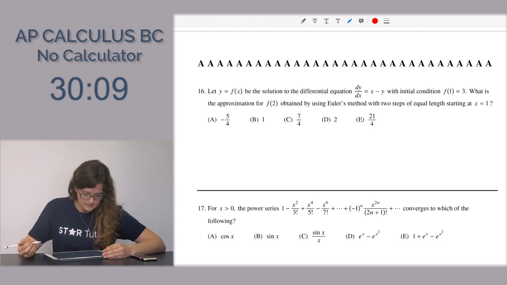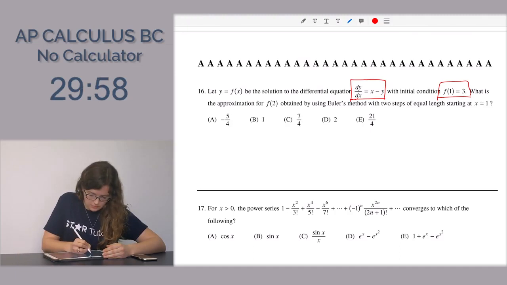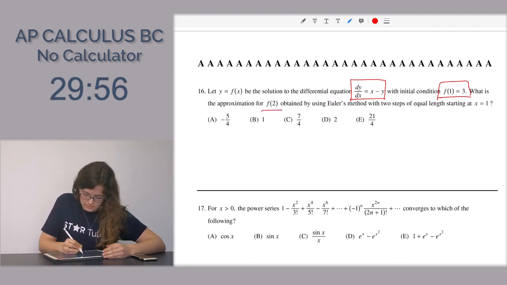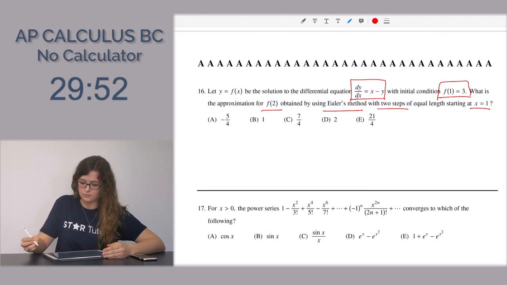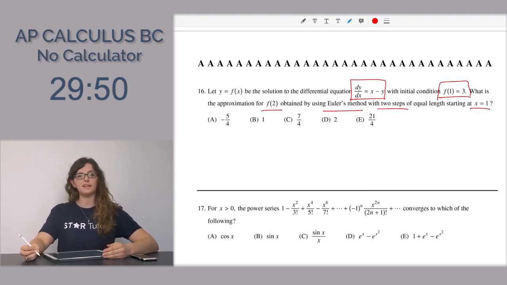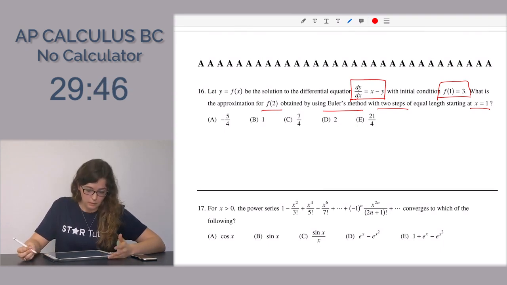I'm going to not do all the problems that take a really long time. 16: y equals f of x is the solution to the differential equation dy/dx equals x minus y with initial condition f of 1 equals 3. What's the approximation for f of 2 obtained by using Euler's method with two steps of equal length starting at x equals 1? Guys, Euler's method is not very difficult, but it does require that you remember how it works.